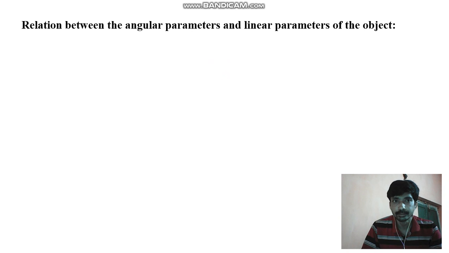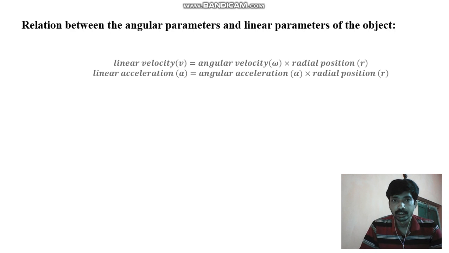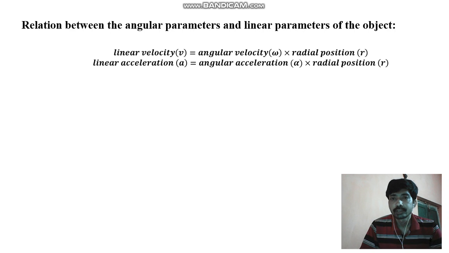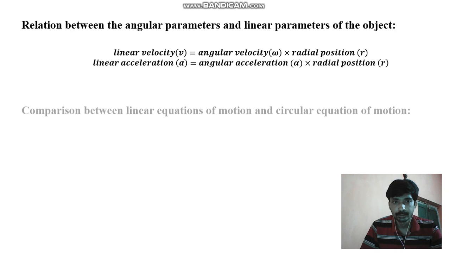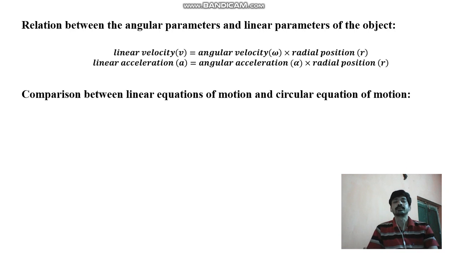Now what are the relations between these angular parameters and linear parameters of the object? The linear velocity is related to the angular velocity via this formula, v equal to omega into r, and the linear acceleration is related to the angular acceleration via this formula, a equal to alpha into r. Now what are the equations of motion which govern the circular motion of any object?